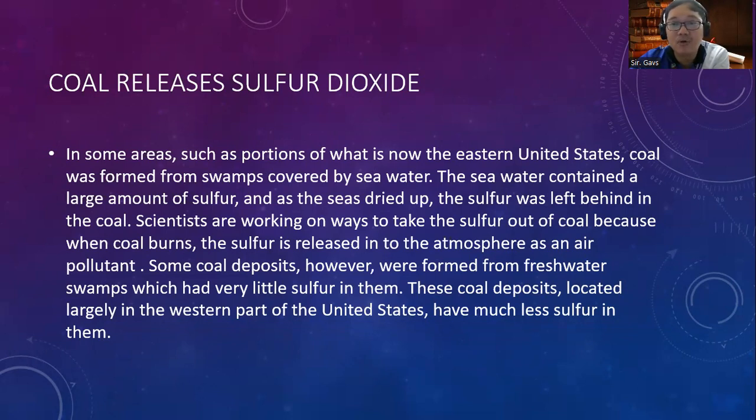These coal deposits, located largely in the western part of the United States, have much less sulfur in them. So coal from swamps that were covered by seawater has higher sulfur content than coal from freshwater deposits.